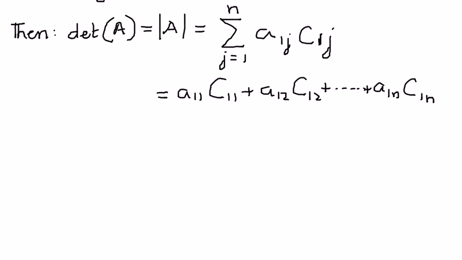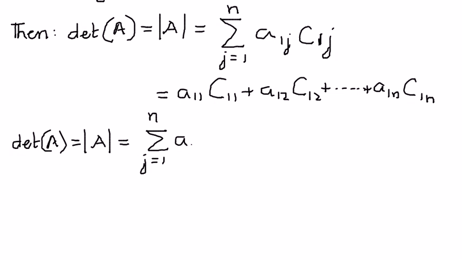The determinant of A, the same matrix we have been talking about, is equal to the summation of j equals 1 through n, Aij, Cij, and if we expand it based on the ith row expansion, we can expand it as follows.